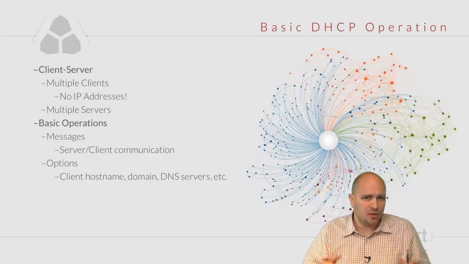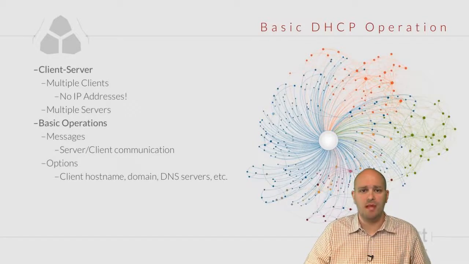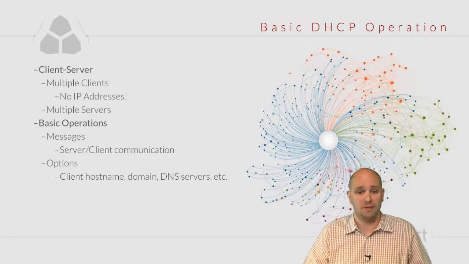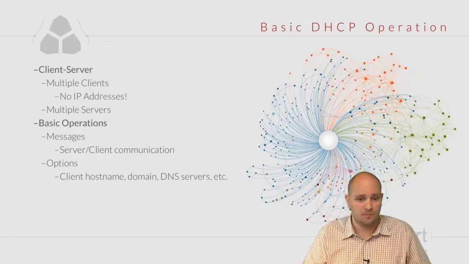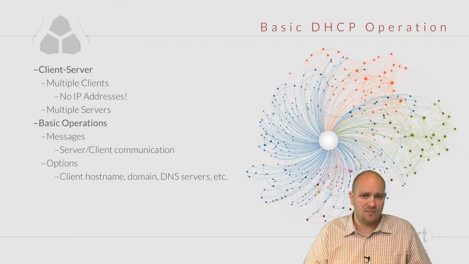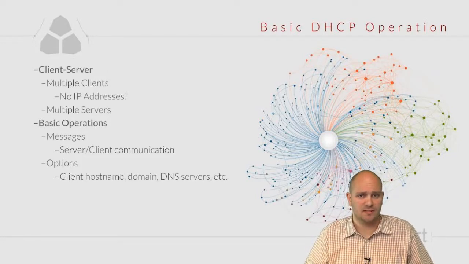The basic operation of DHCP consists of exchanging different kinds of DHCP messages, and this is the client-server communication that we are going to explore. Also, in these messages, any number of DHCP options may be present.